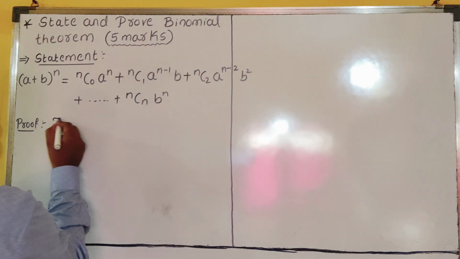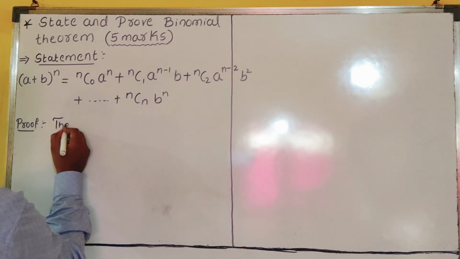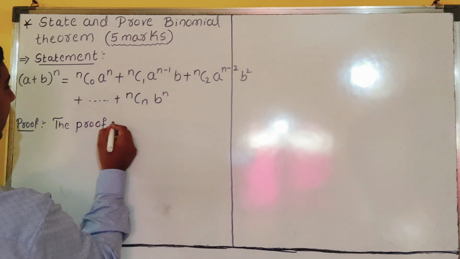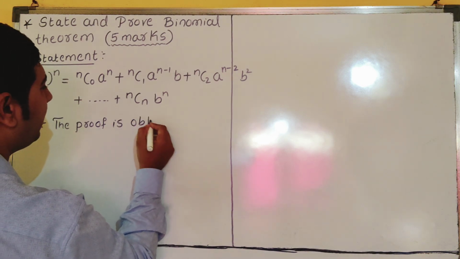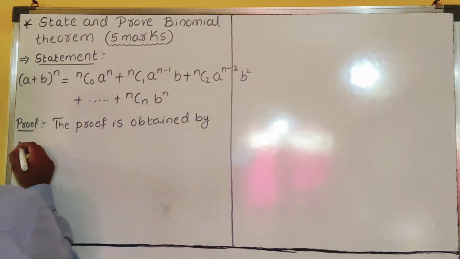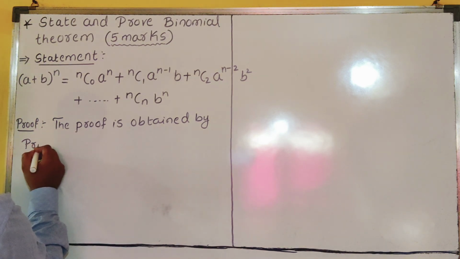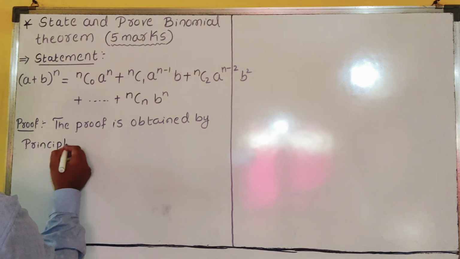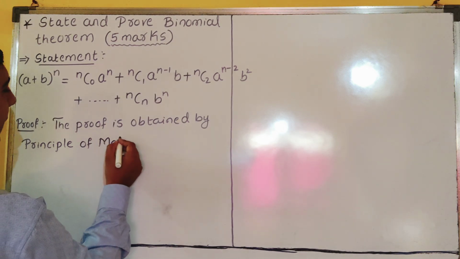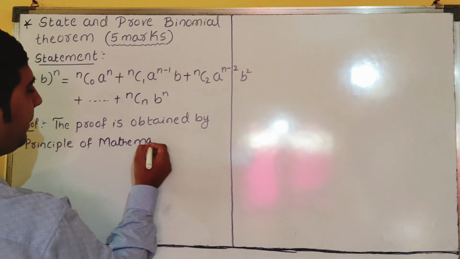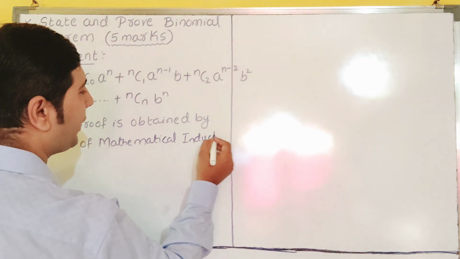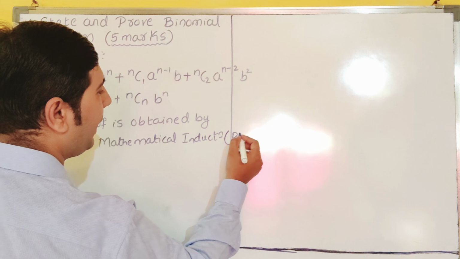The proof is obtained by the principle of mathematical induction. In short we will call this PMI also. Principle of mathematical induction, dear students. Induction. So that is nothing but PMI.